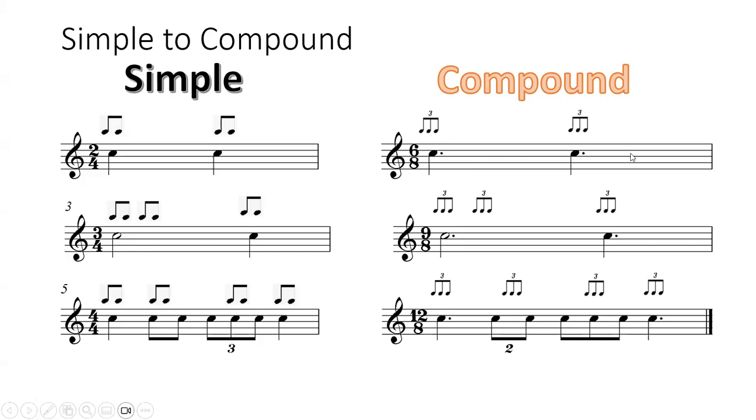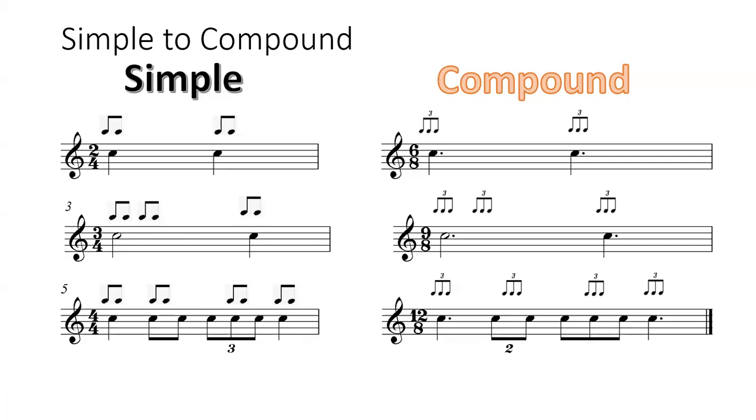If it was in 2/4, we would have da, da, da, da. If it was in 6/8, it would sound da, da, da, da. Okay, does that make sense? Looking at the second one, we're in triple simple time. This one here would be da, da, da, da, da.